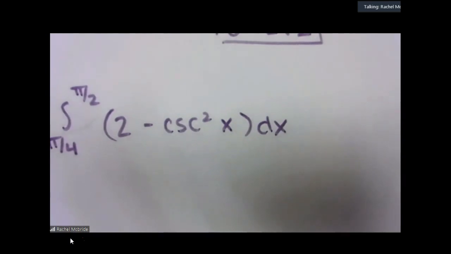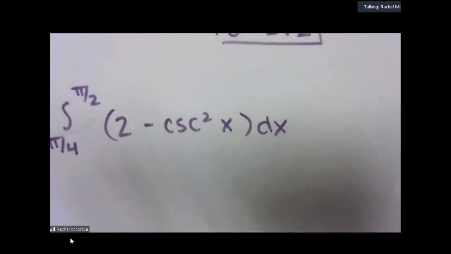So for the next one, you have to think about the fact that the derivative of cotangent is cosecant squared. So the derivative of this problem is working backwards now. Instead of thinking in terms of derivatives, you think, okay, antiderivative.